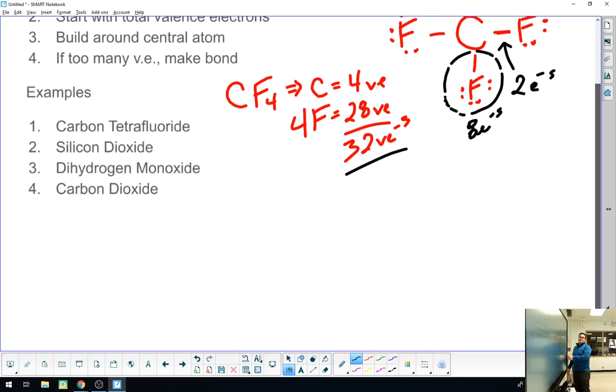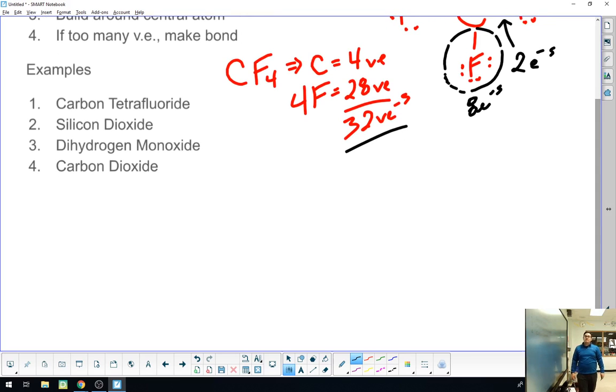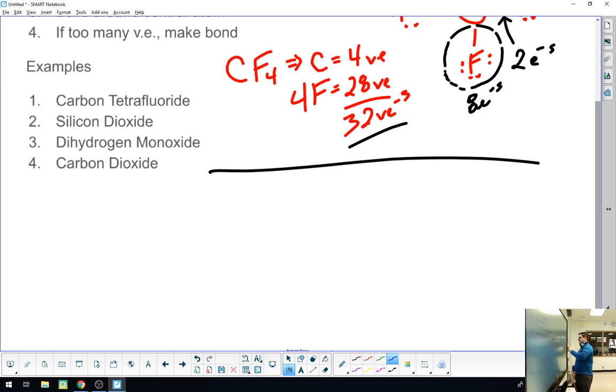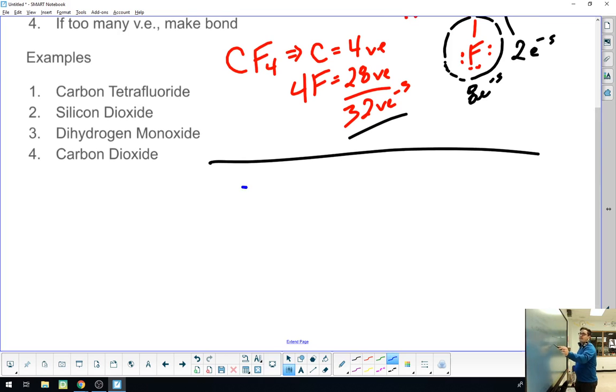Silicon is 4. Sounds right. And oxygen has 6, and there's 2 of them, so 12. So we got silicon dioxide, right?